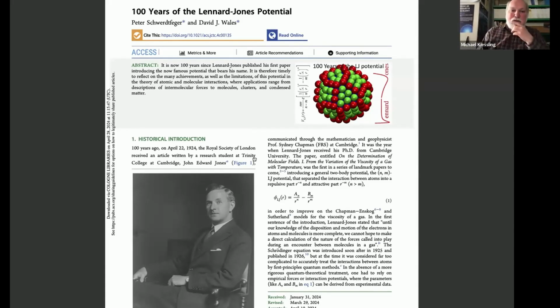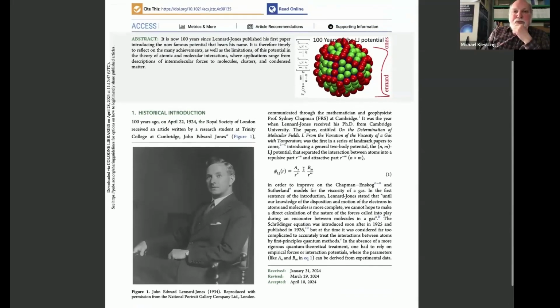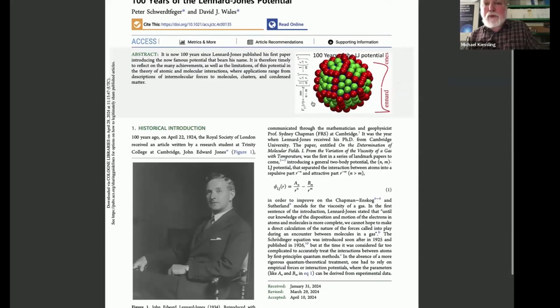And so this is a photo of the man. You see already here some potential that will be talked about. I will use a slightly different notation, but the index here is LJ for Lennard-Jones. R is some distance between atoms, and n and m are natural numbers, usually powers, and then you have some coefficients. That's what he talked about in this paper. In the upper right corner, there's also a cluster.